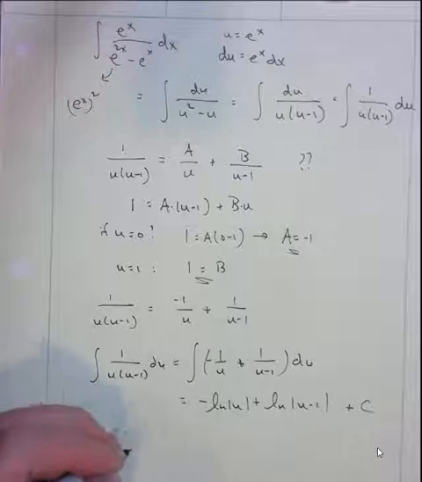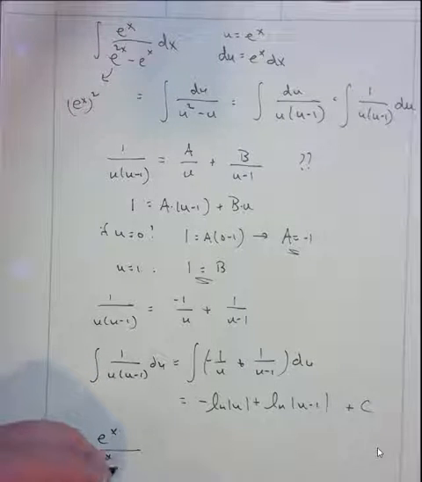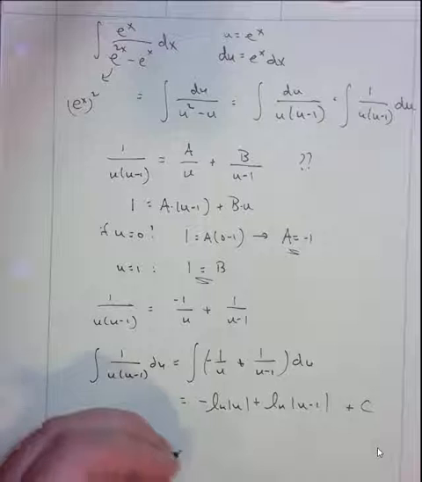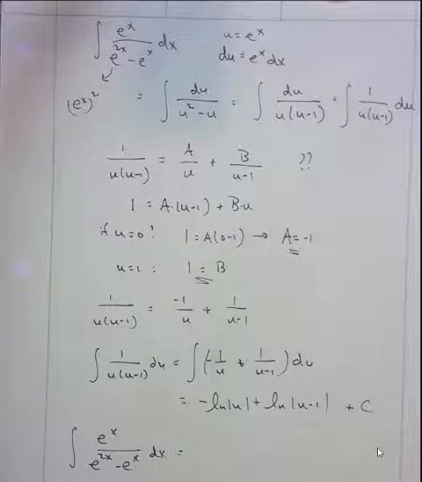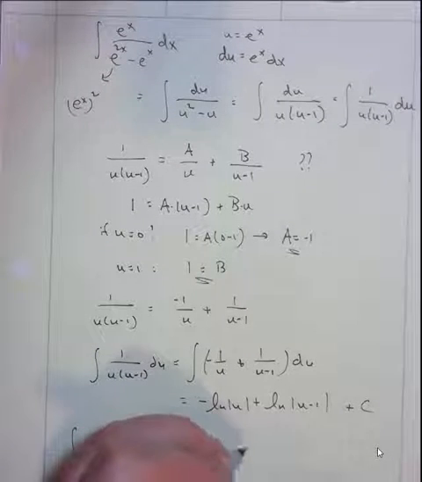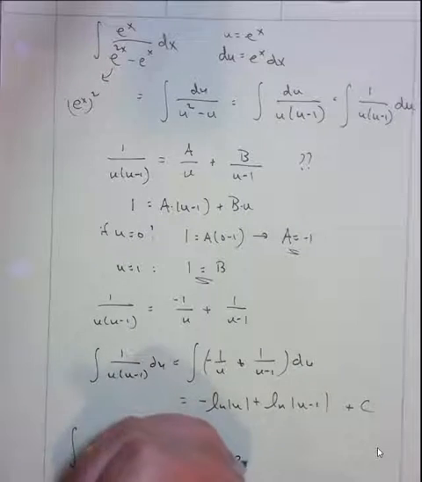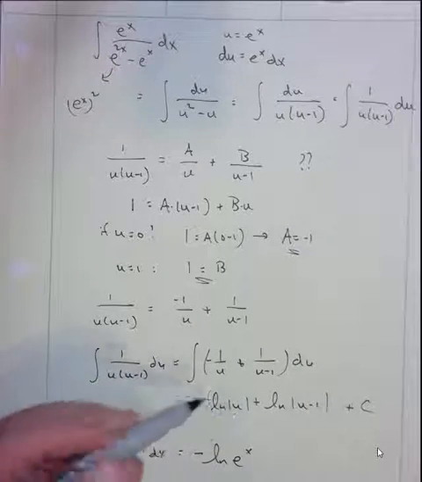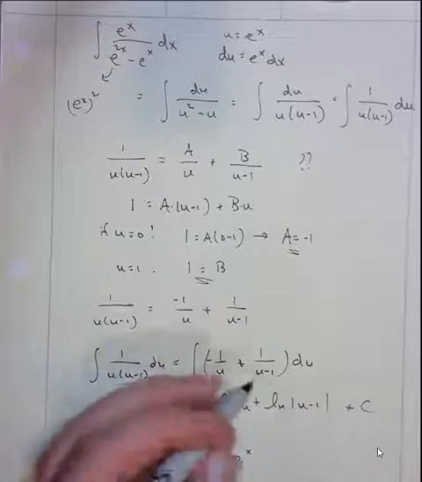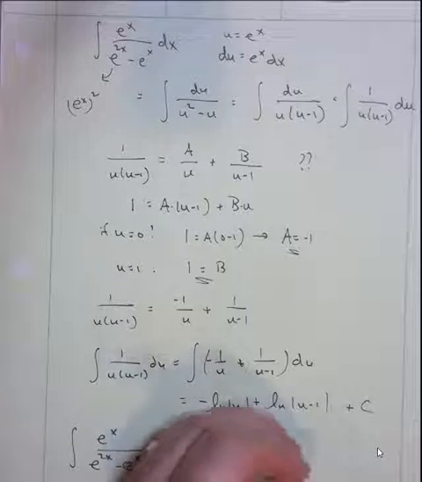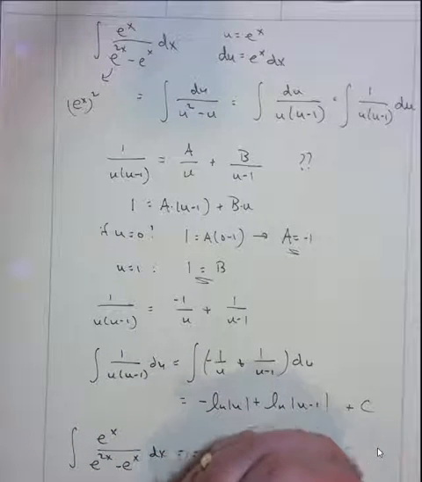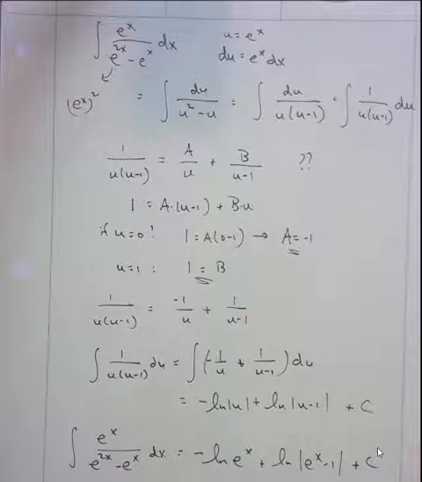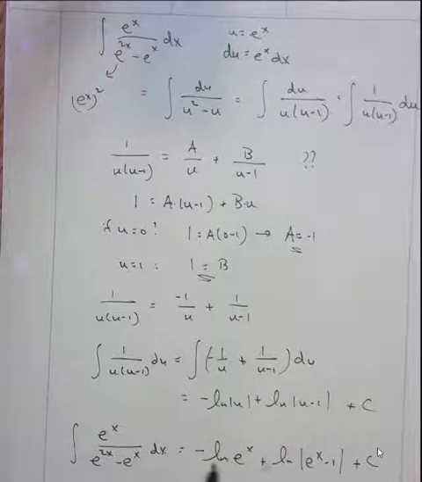This means that the original is going to end up being negative natural log of e to the x, and I don't need the absolute value bars because e to the x is always positive, plus natural log of e to the x minus 1 plus c. And if you really wanted to be slick, you could use properties of natural logs to combine these two things into a single natural log of a quotient. I'll let you decide if it's worthwhile.